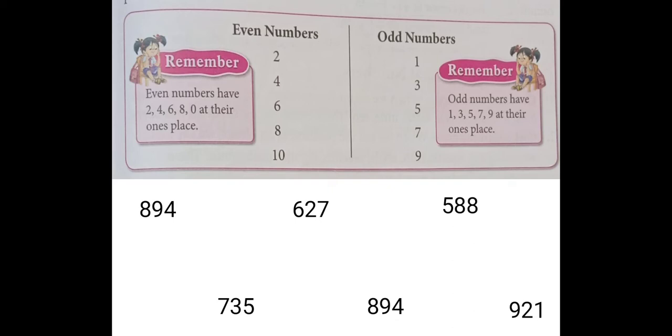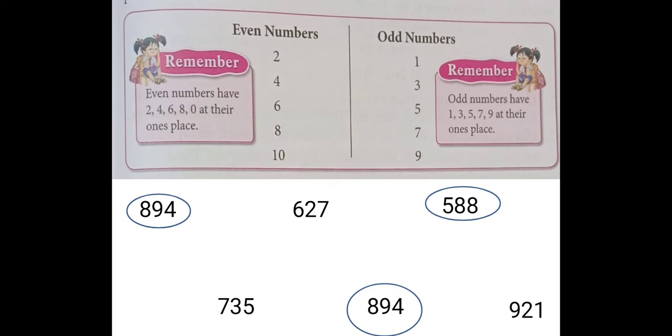So from these 6 numbers you can see the number 894 is even because it is having 4 at the ones place. 588 is even because it is having 8 at the ones place. And 800 is an even number.